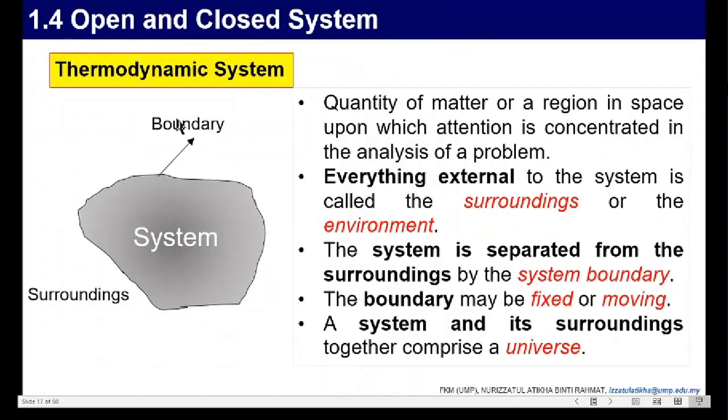Now, let's learn about the thermodynamic system. First, we need to know the definition of a system, and how many types of systems are separated in thermodynamics. So what is a system? A system is a quantity of matter or a region in space upon which attention is concentrated in the analysis of a problem.